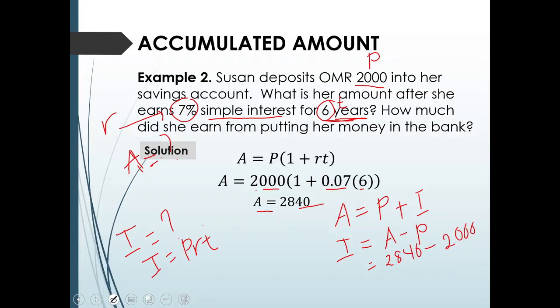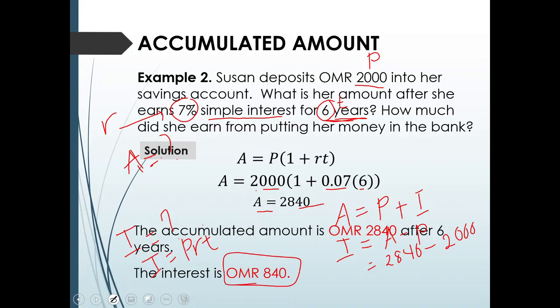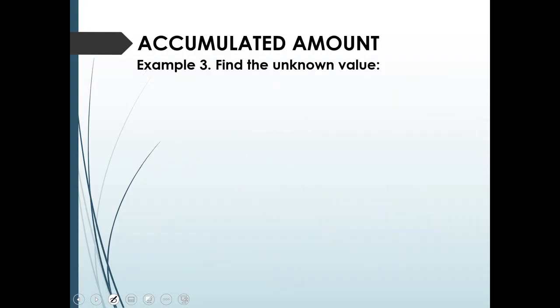So you will get an interest of 840 riyals. So the accumulated amount is 2,840. The interest is 840. Okay, so let's continue.